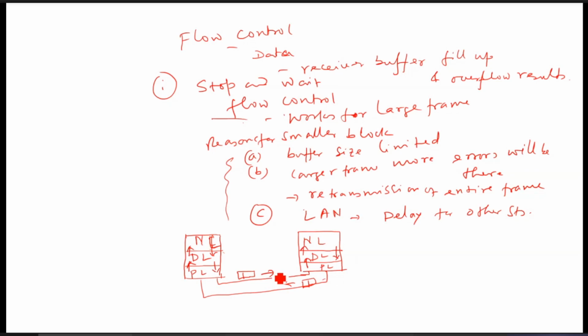Unless it gets the information from the receiving entity, it will not transmit further frames. When it receives the acknowledgement, then it will send the next frame.